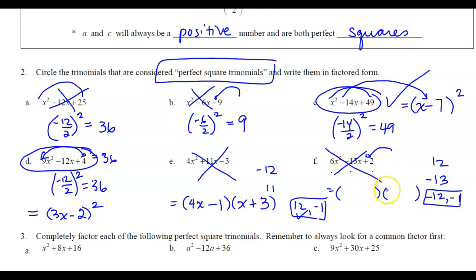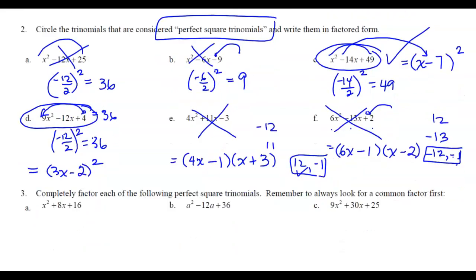So 6x and x doesn't make sense. Actually, just a sec here, 12. So negative 12 and negative 1, yeah, that works. So what do I need to do here? I need to have 6x and x, actually, so that I can get negative 12 by making that subtract 2, and I can get minus 1 to get the negative 1 when I expand back. So not perfect square trinomials, but they are factorable.